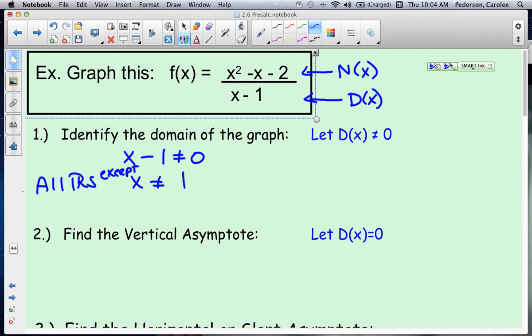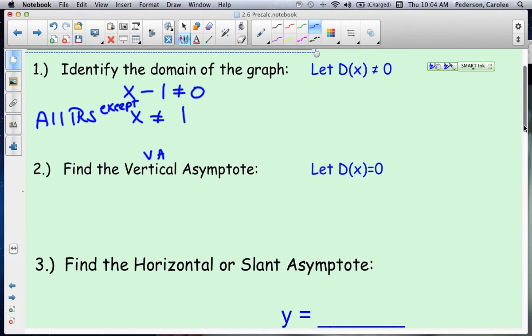So then what would be your VA? What would be the vertical asymptote then? X equals 1. So this uses VA for step 2.